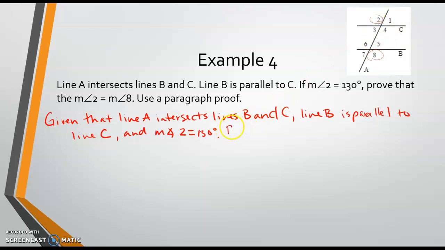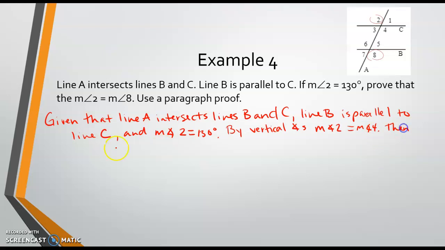So I know that by vertical angles, the measure of angle 2 is equal to the measure of angle 4. So I know that much.